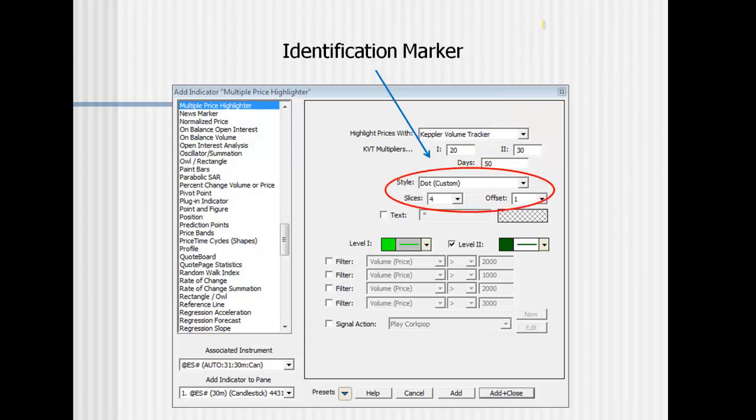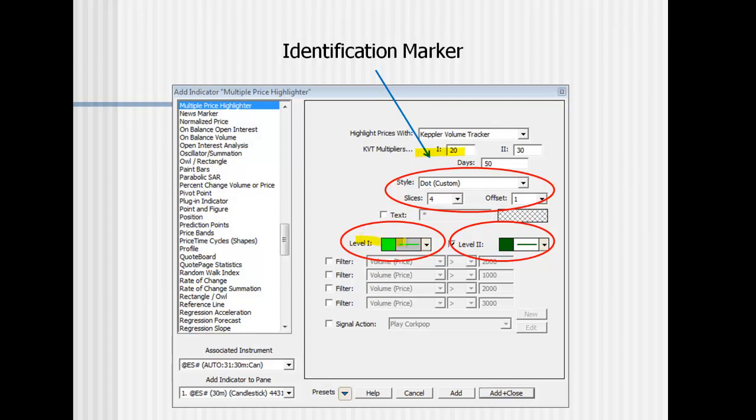In this case, the identification marker that I am using is a little dot, sliced into 4, offset by 1. And those are all settings that you could vary, but I just want to go over them so you can do it on your own later. Now, typically I choose different colors for each level.